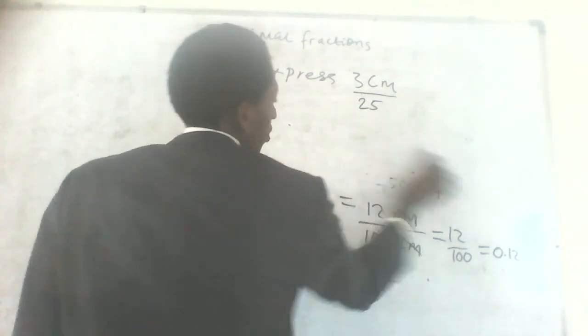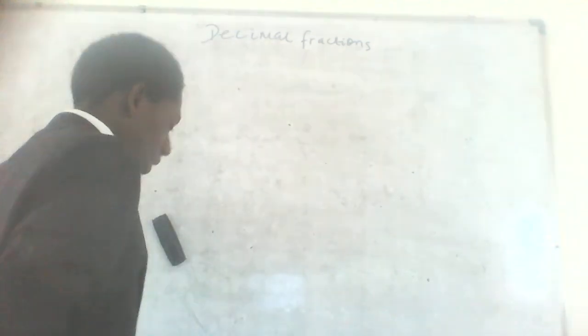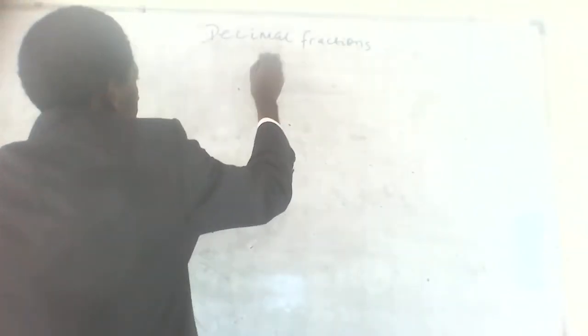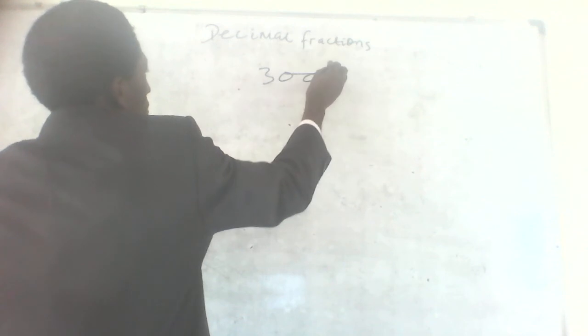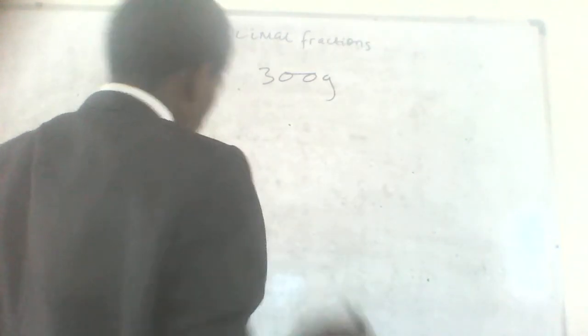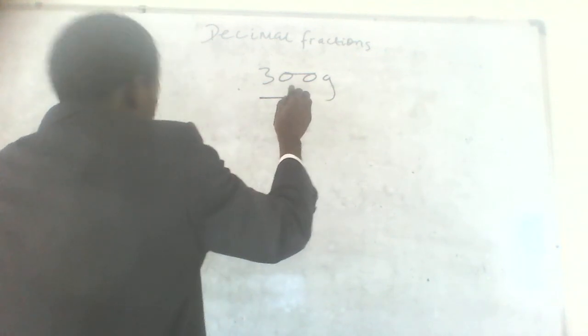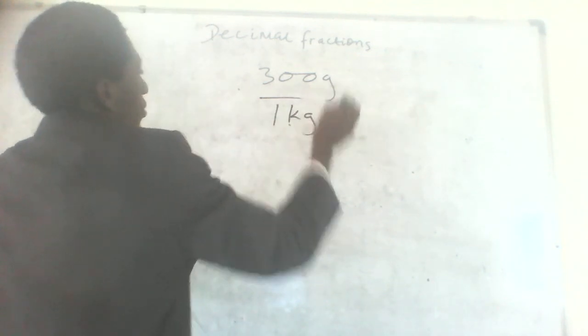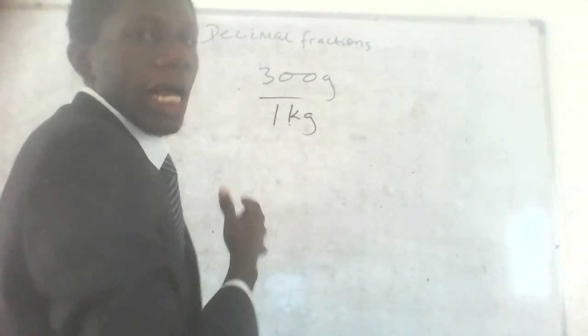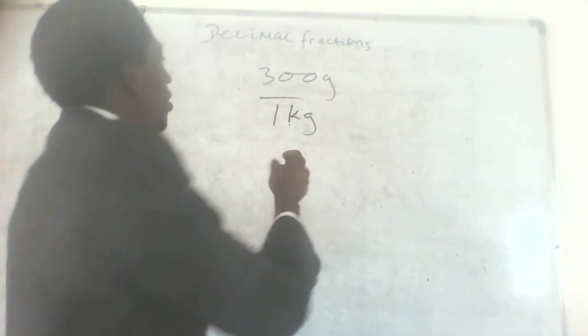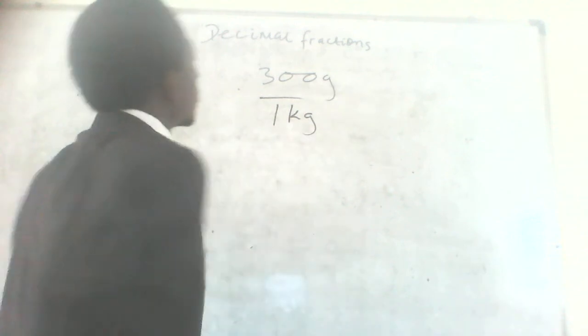So let's take another one quickly. The other one here we have 300 grams by 1 kilogram. Now somebody asked, how do you solve this? How do you work this problem?